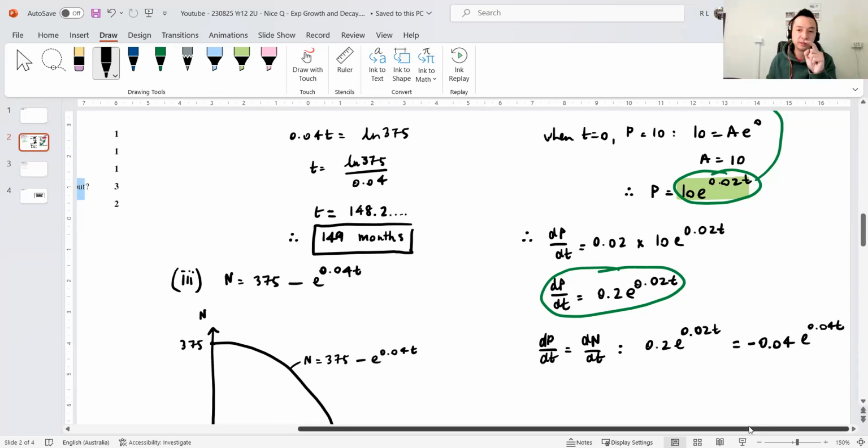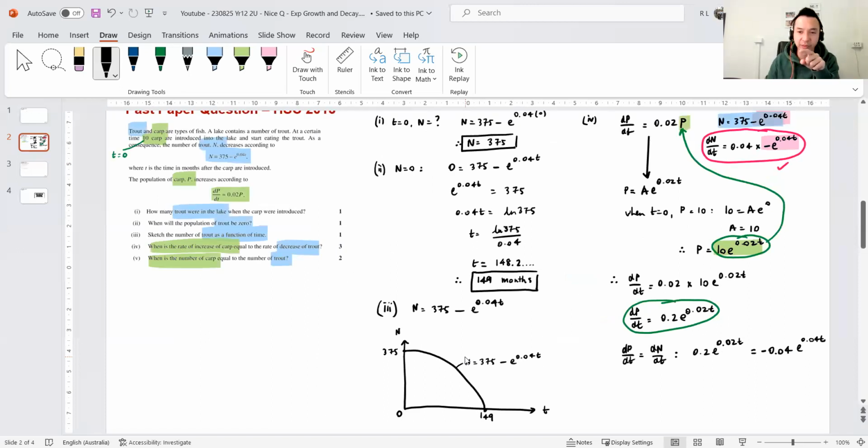All right. Now, the language is quite important. See that negative there? It's going to throw a lot of kids out, because the question asks, when is the rate of increase equal to the rate of decrease? The fact that it already assumes that it decreases, I don't need the negative there. Let me say that again. If it just said, what's the rate of change of carp equal to the rate of change of trout, then yes, you'd need a negative in there.